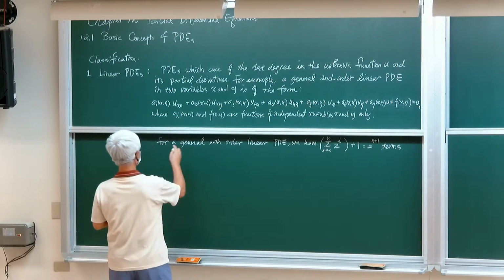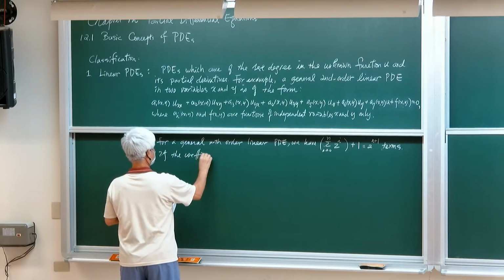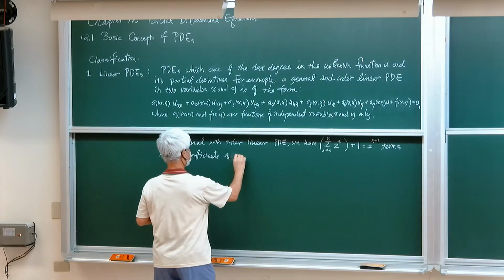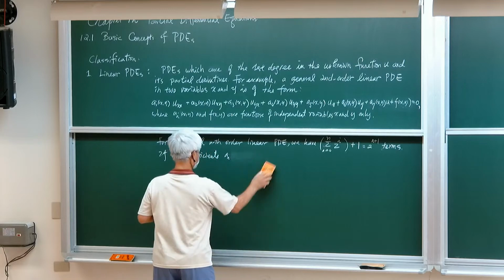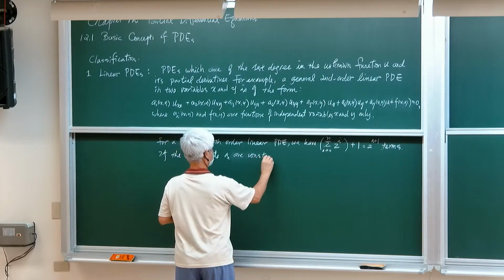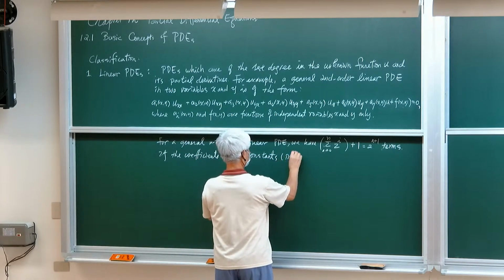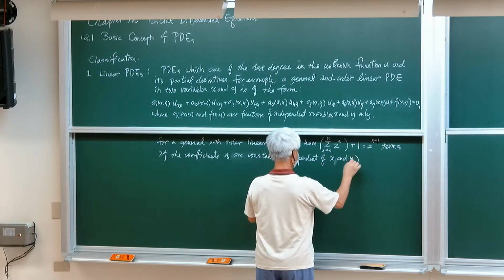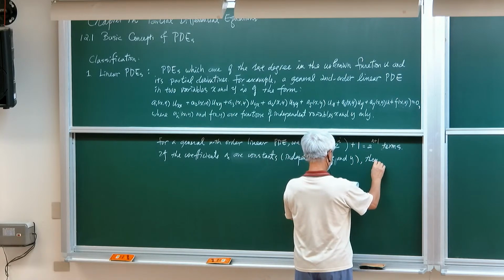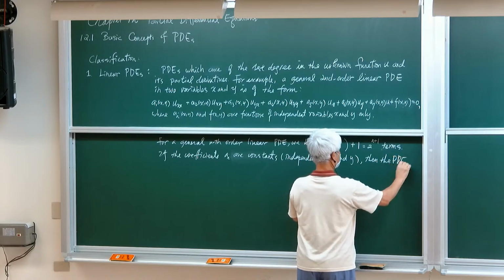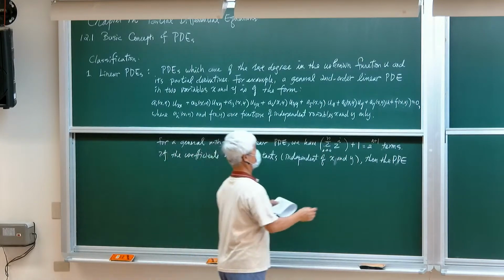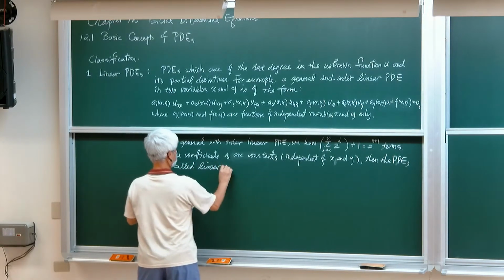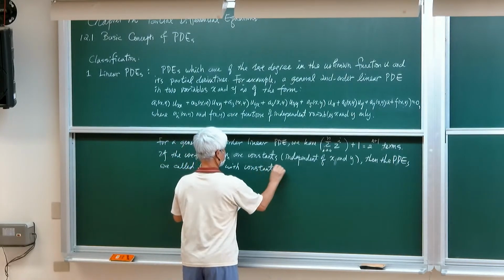All right. And also, if the coefficients a_i are constants, which means independent of x and y, then the PDEs are called linear with constant coefficients.